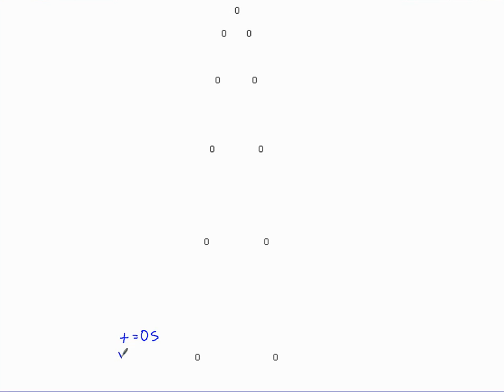The velocity at this point, we were told that it was thrown vertically at 50 meters per second. So the velocity is positive 50 meters per second. The acceleration here is the acceleration due to gravity, negative 10 meters per second squared.